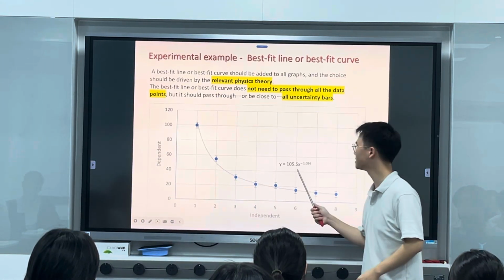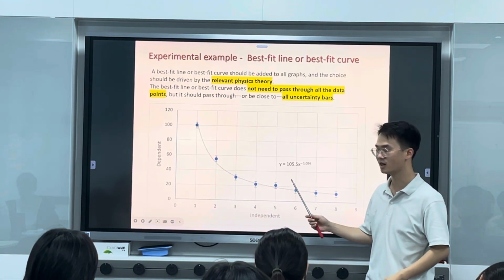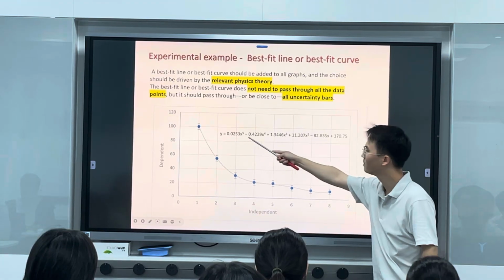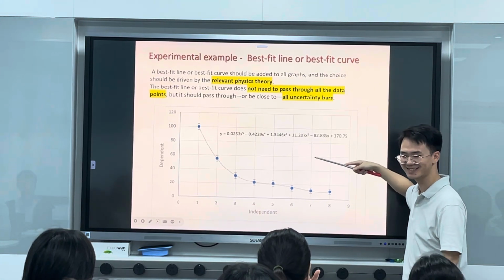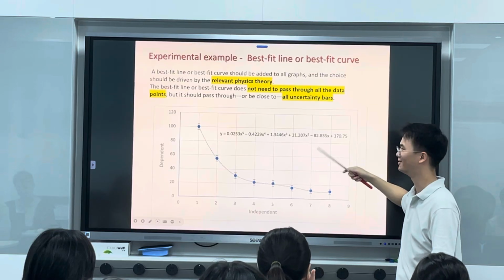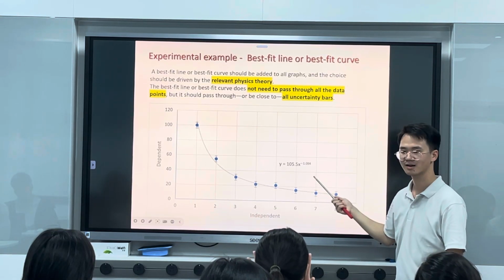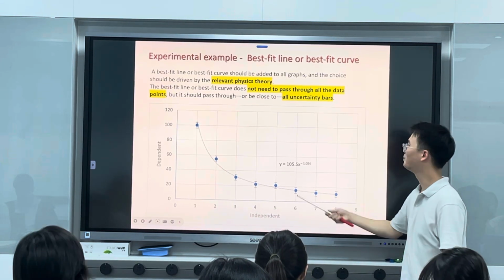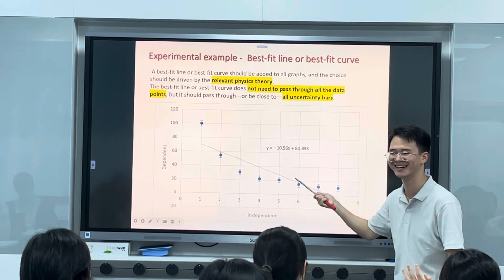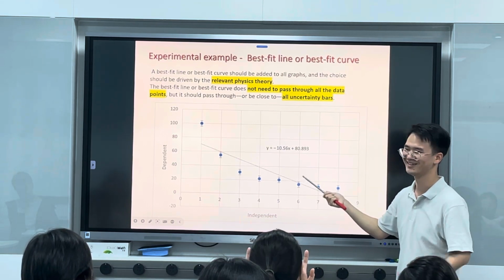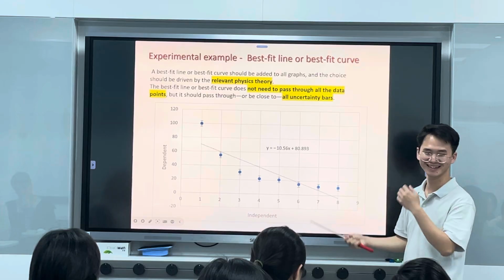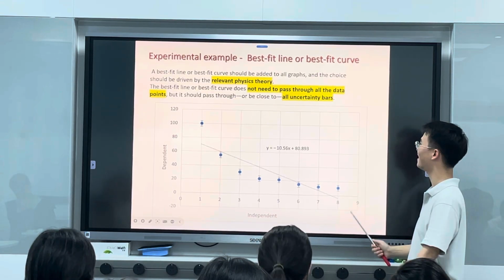Physics likes simplicity. Okay? So, look at how complex this is. No, no. The simpler, the better. Okay? But not as simple as this. Do you get my meaning? Okay? Alright, any questions?